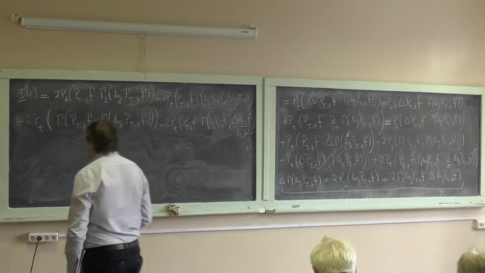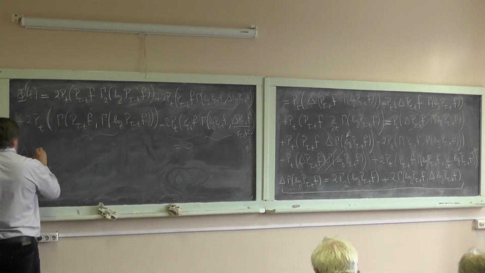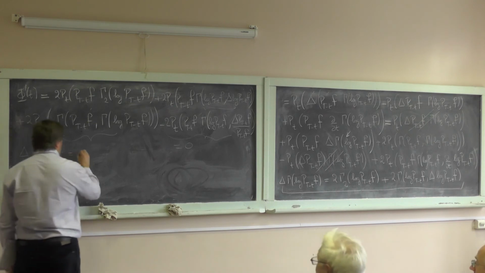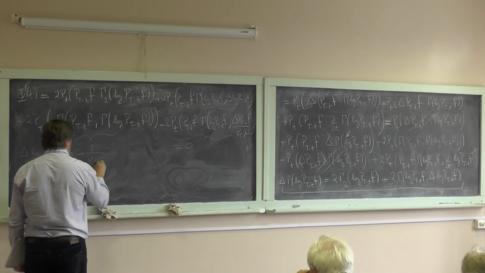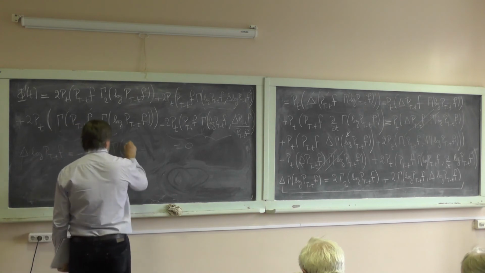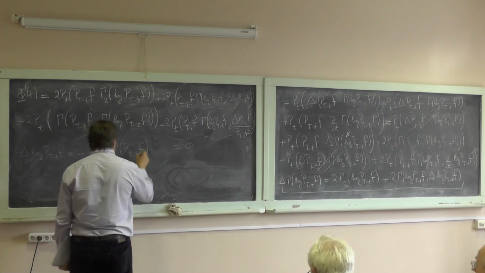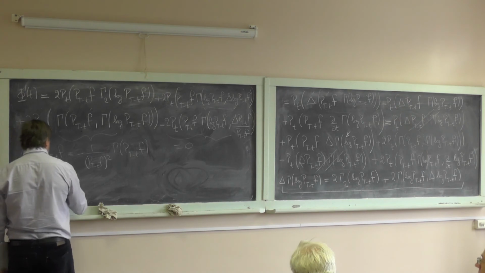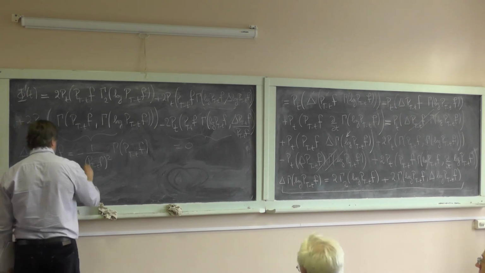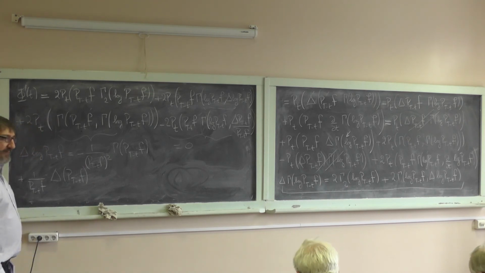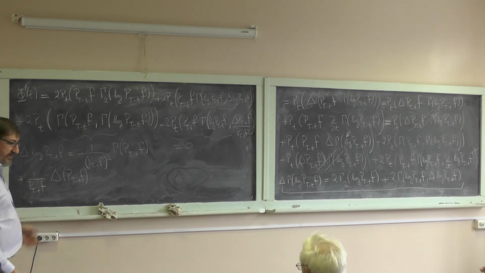So the Laplacian of the logarithm of p minus pf, we've done this before already, is minus 1 over p minus pf squared times gamma of p minus pf plus 1 over p minus pf times the Laplacian of p minus pf. Okay? This comes from the chain rule.